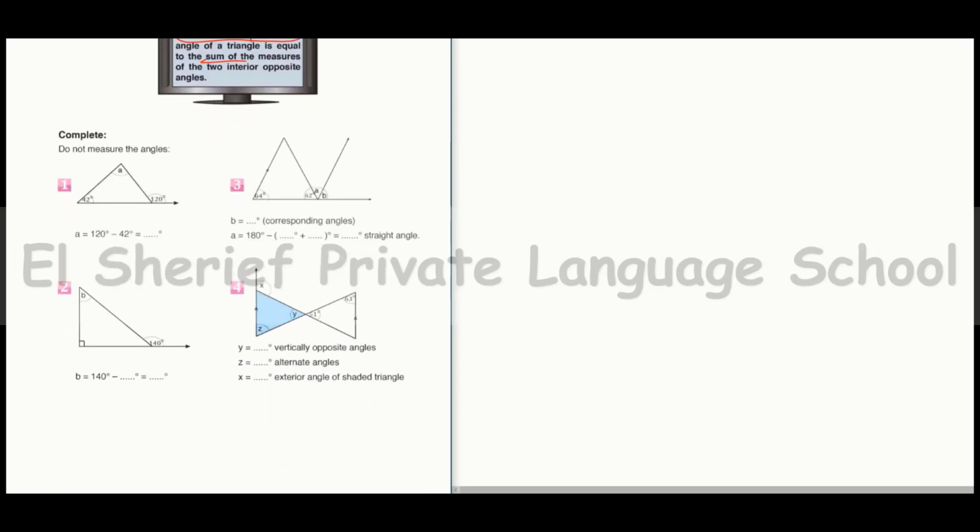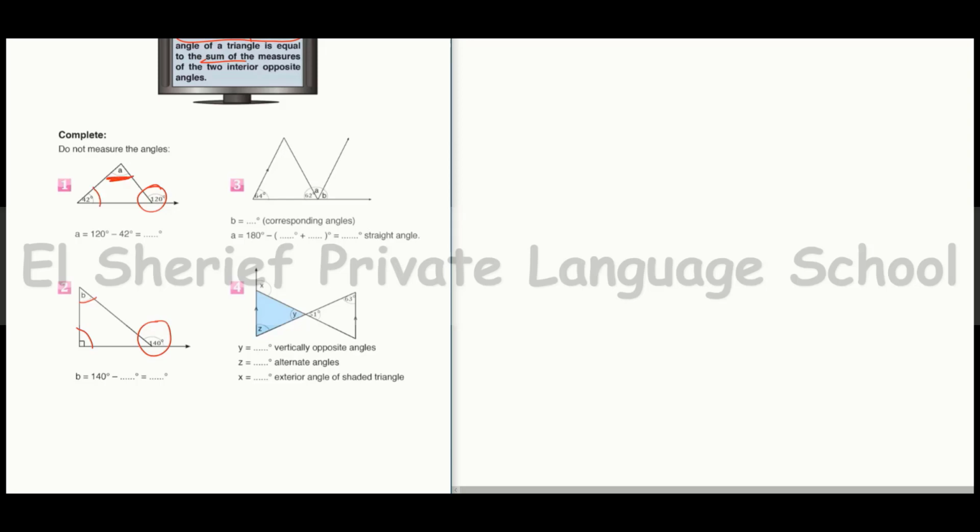This angle is exterior angle equal 144, so it equals the sum of the two angles B plus the right angle. 120 is the sum of A and 42, non-adjacent.